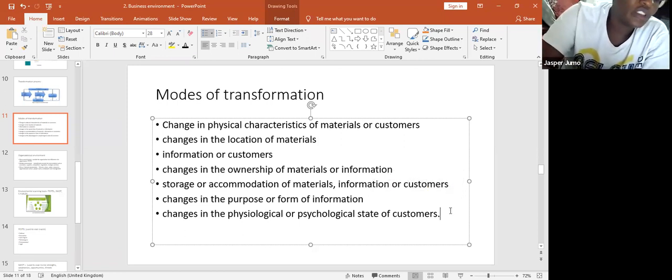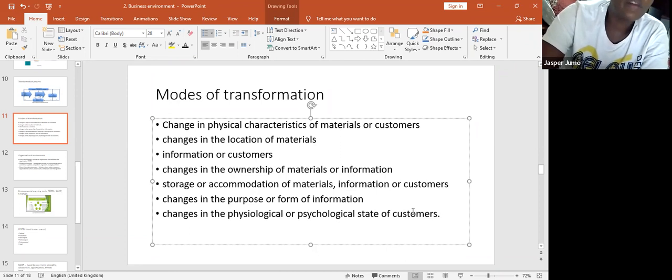We might not exactly know what they do, but we do go to them for processing of information. Then change in the physiological or psychological state of customers. We have psychologists, we have psychiatrists. They do change the state of their patients. So all these are forms of transformation.